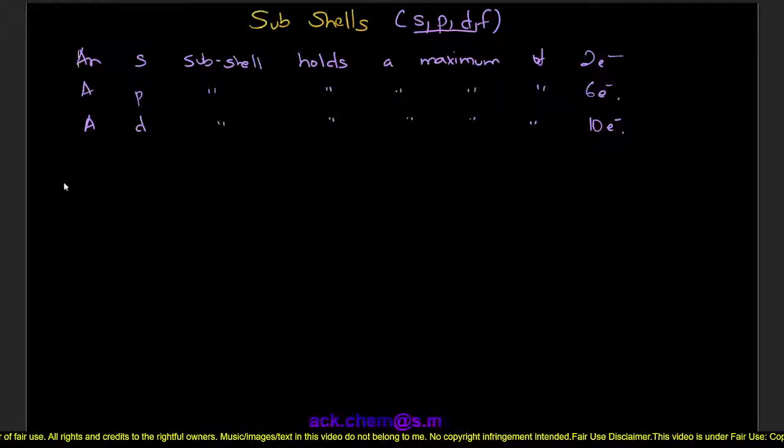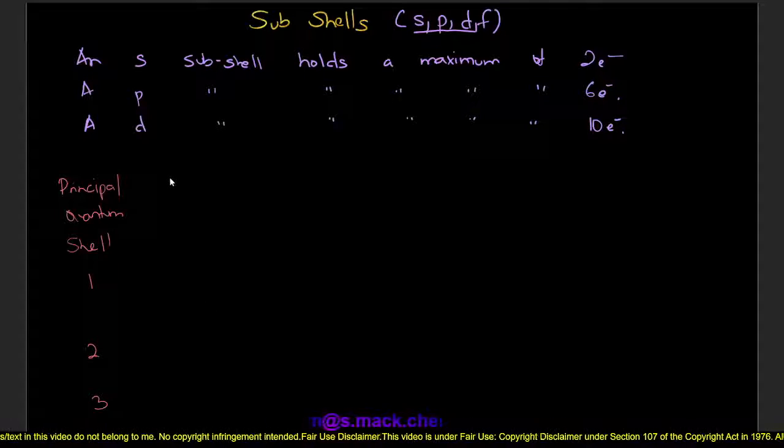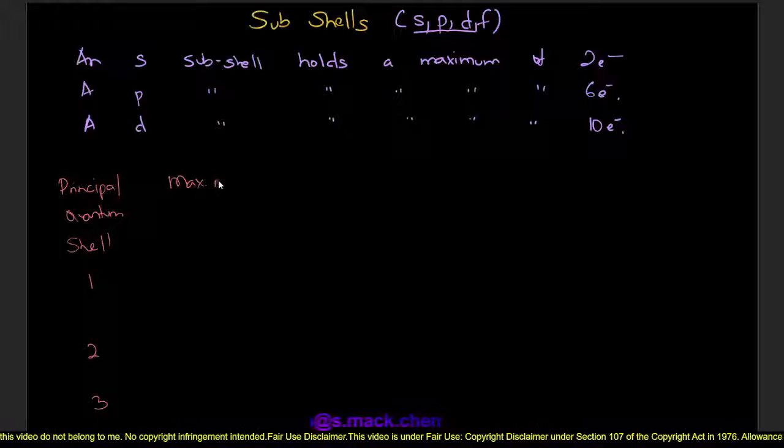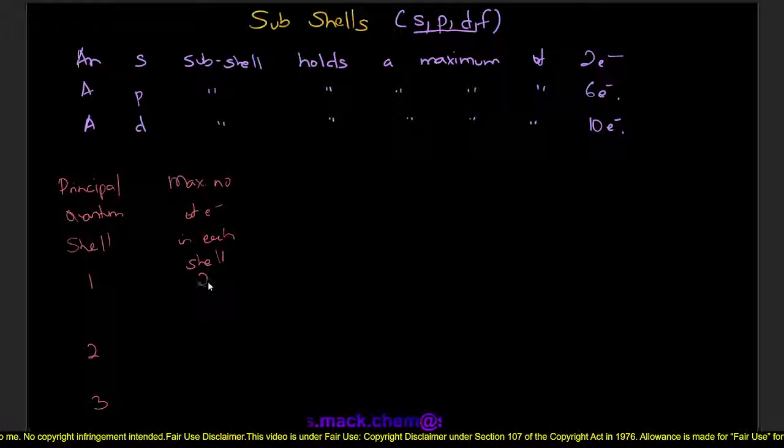My table starts with a principal quantum shell, and we're looking at shells 1, 2, and 3. And we will look at the maximum number of electrons in each shell, which is 2 for the first shell, 8 for the second, 18 for the third.